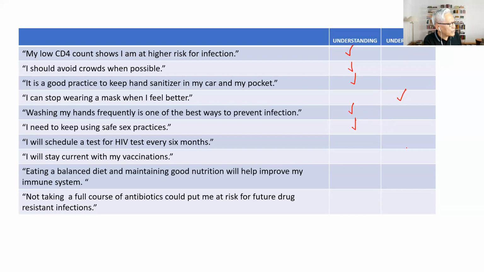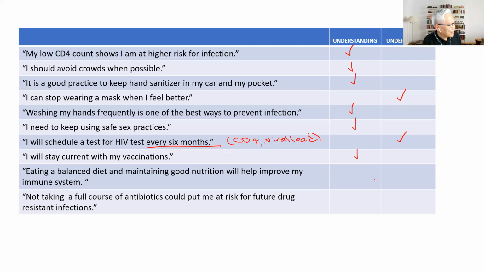Understanding. I will schedule an HIV test every 6 months. No. Remember, what do we do serially? We do CD4 and what's the other one? Viral load. Yes. Okay. I will stay current with my vaccinations.